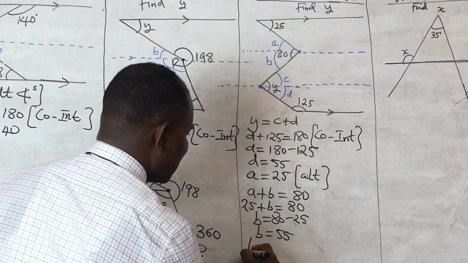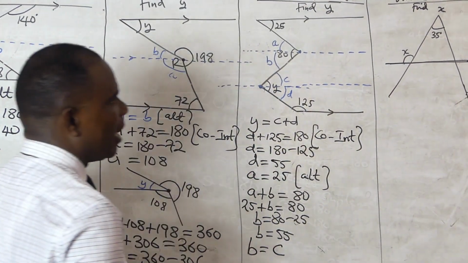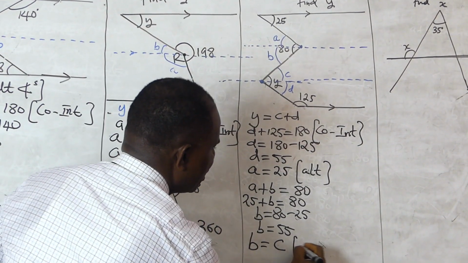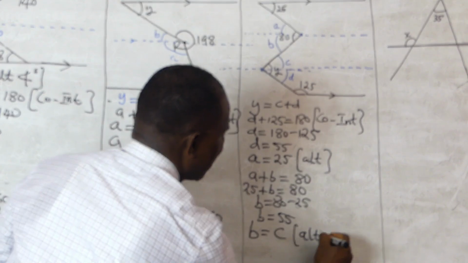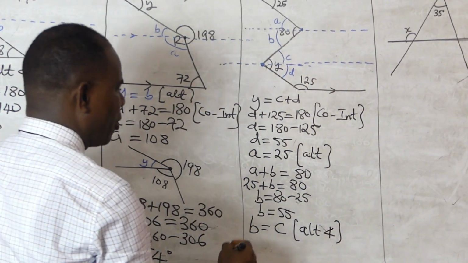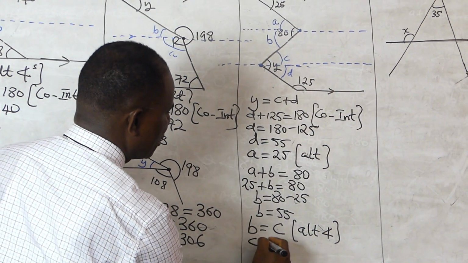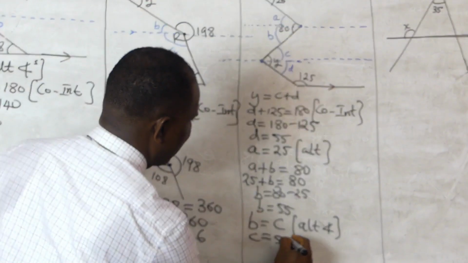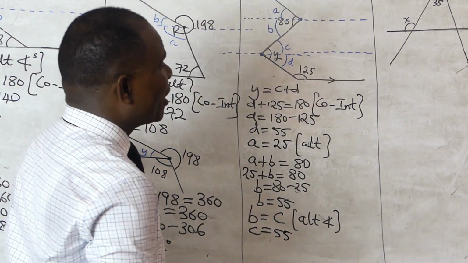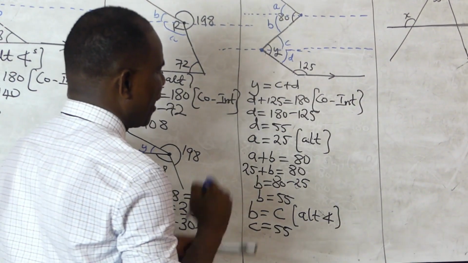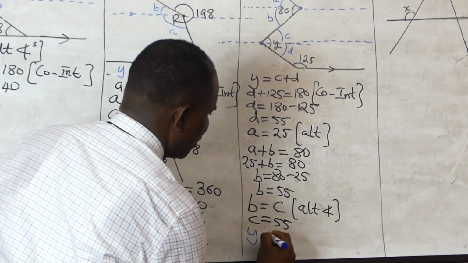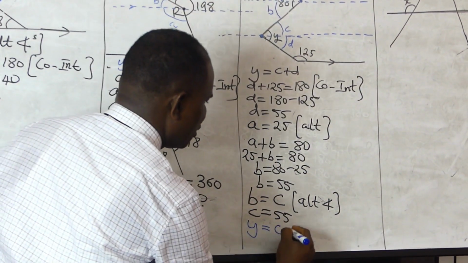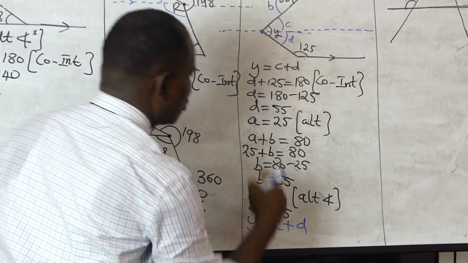And B and C, they have a connection. B and C are Z angles, meaning they are alternate angles. B and C are alternate, so we can say C is therefore equal to 55. So now I've got the components of Y. I needed that Y. So Y is supposed to be a constituent of C plus D. So what is the C?